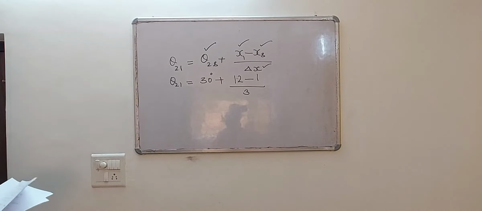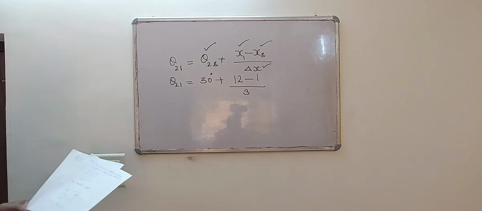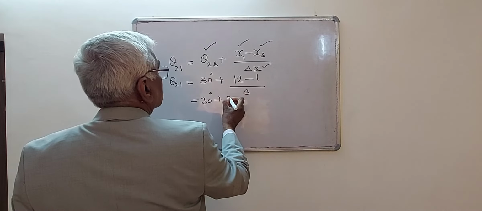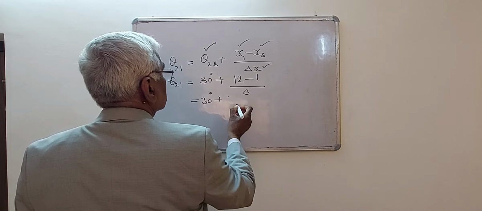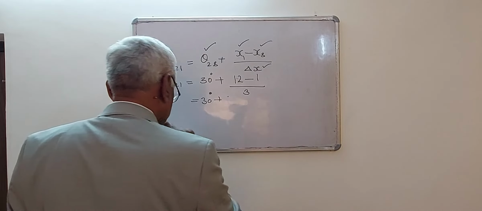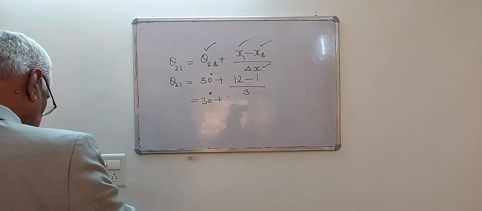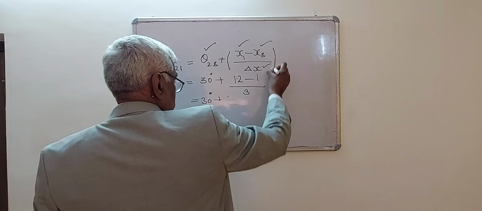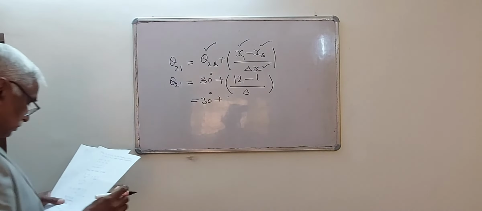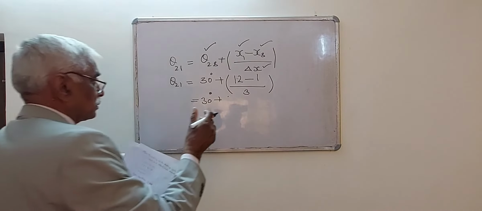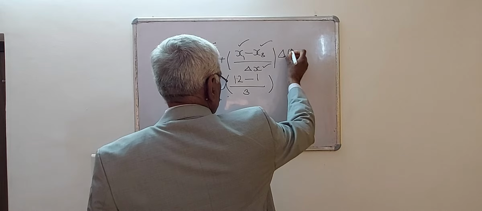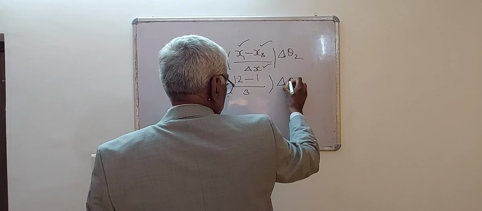So it comes out to be 30 degree plus 0.2 by 3 into multiplication, and the multiplication was 90, delta theta 2.